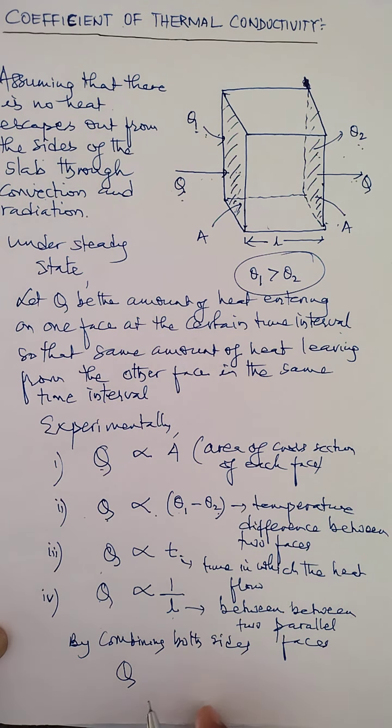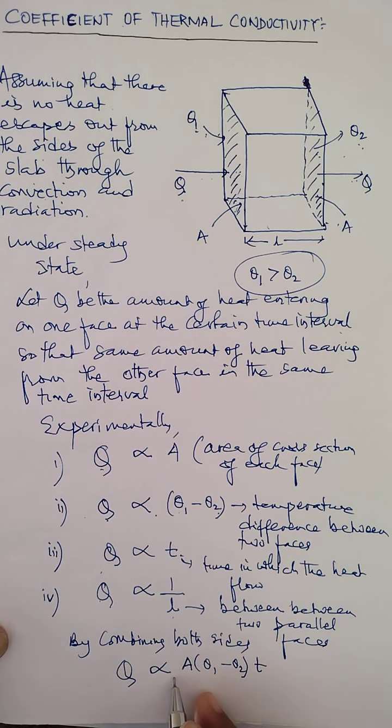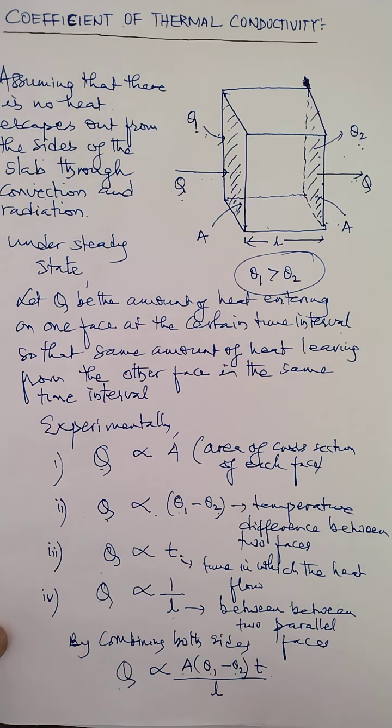So if you combine, I write Q proportional to A directly, (θ1 minus θ2) also directly, T also directly, divided by L inversely. So we can write this as A (θ1 minus θ2) T by L. So finally you can see Q, the amount of heat that enters and leaves from two faces or each face, is given by Q is proportional to A (θ1 minus θ2) T by L.